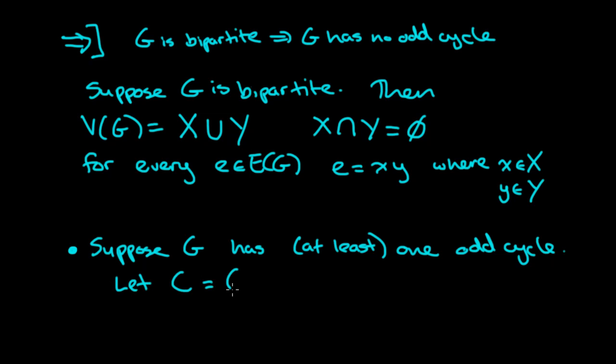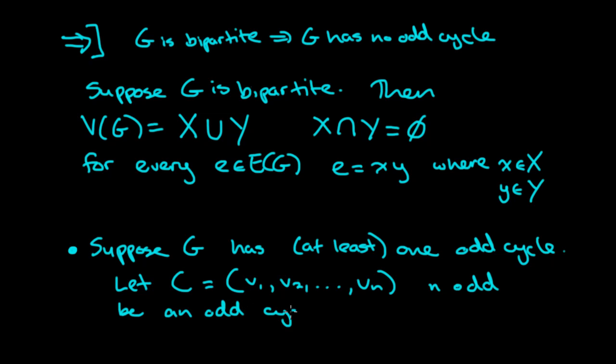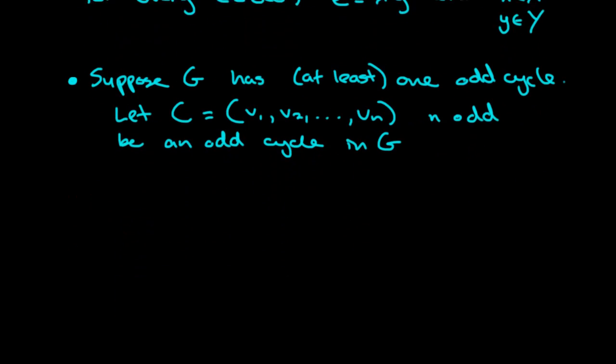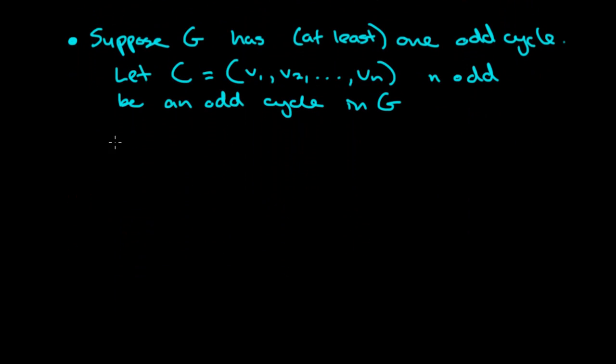Alright, so it has an odd cycle, and let C be an odd cycle in G, so it's vertex v1, v2, all the way up to vn, where n is odd. Now we can do basically the same idea as the coloring technique that we did before.